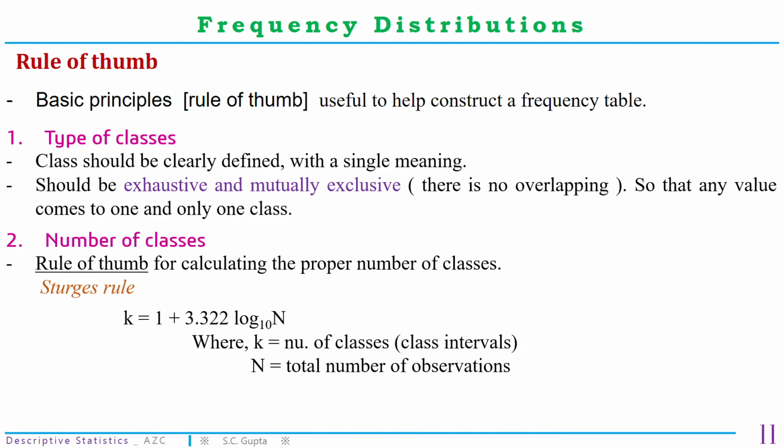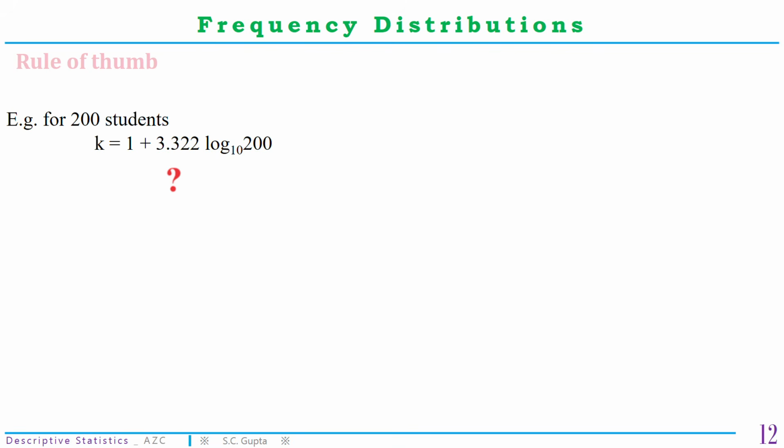Second, number of classes. A rule of thumb for calculating the proper number of classes is Sturges' rule, with the following equation: K is equal to 1 plus 3.322 log of n, where K is the number of classes, that is class intervals, and n is the total number of observations.